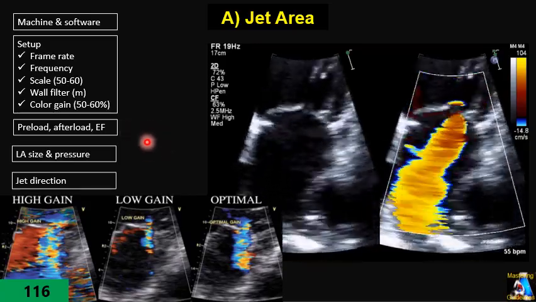And the last one is jet direction. Generally speaking, jet area estimation is only good when we have a central jet. In eccentric jets, because of the Coanda effect, the jet area will always be lower than it really should be.